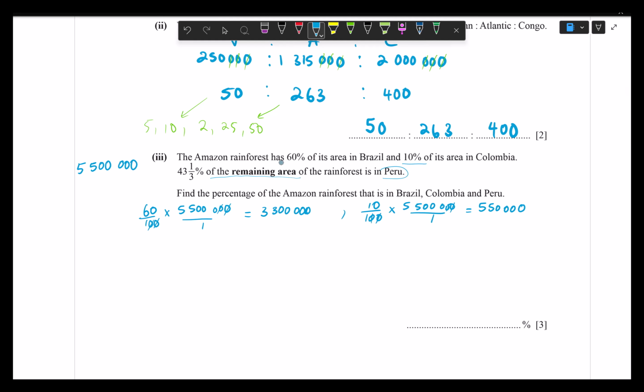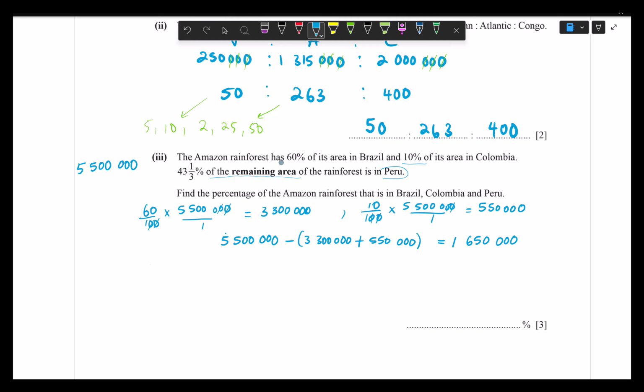43% of the remaining area of the rainforest is in Peru. So I want to find out what the remaining area is. And to get the remaining area, we're going to say the total area, which is 5,500,000, subtract 3,300,000 plus 550,000, and we get the remaining area, which is 1,650,000.